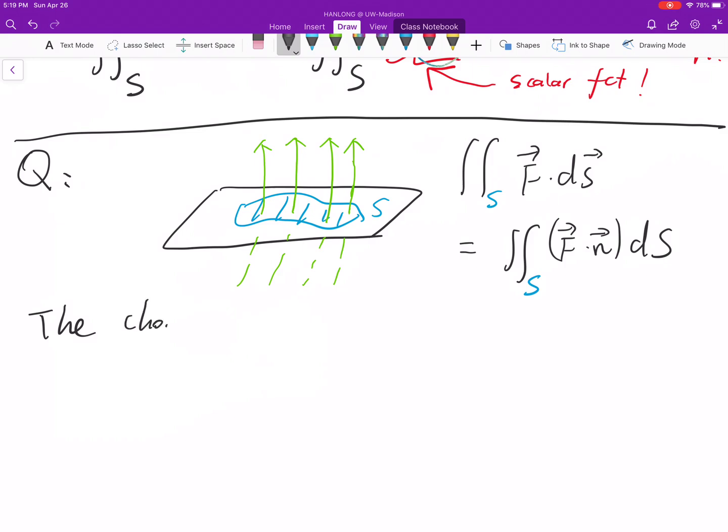The choice of the normal vector matters.